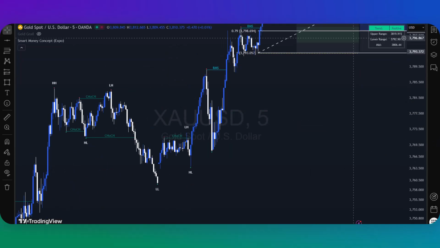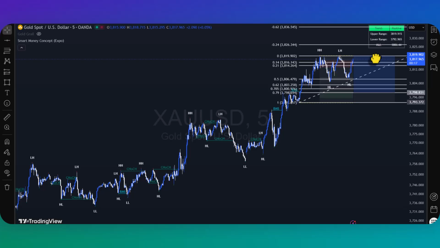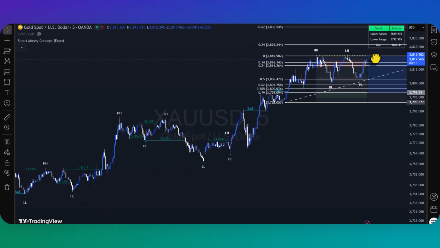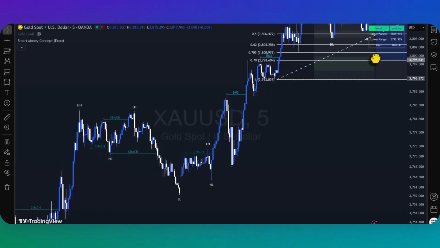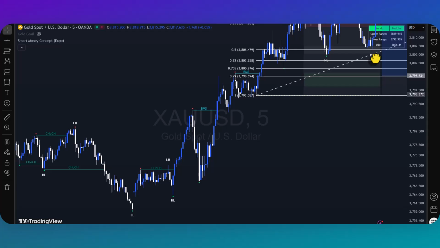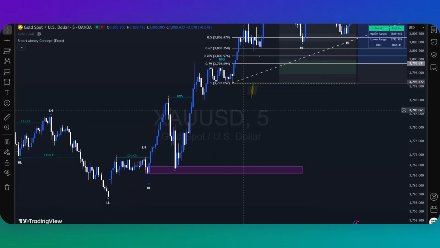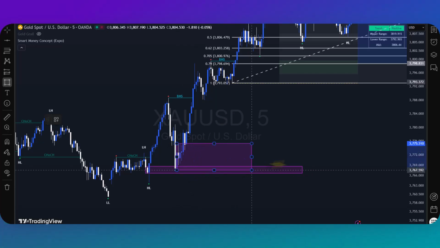For example, let me show you a demand zone. This is a demand zone. This is a demand zone.